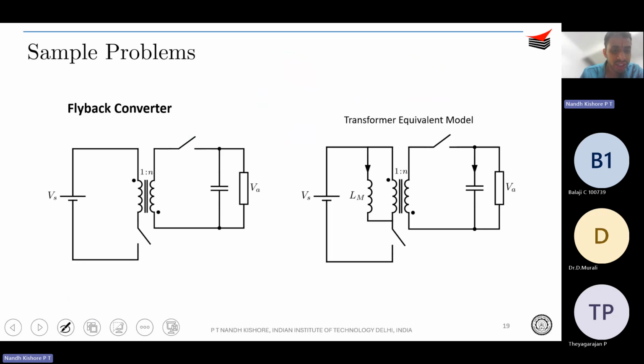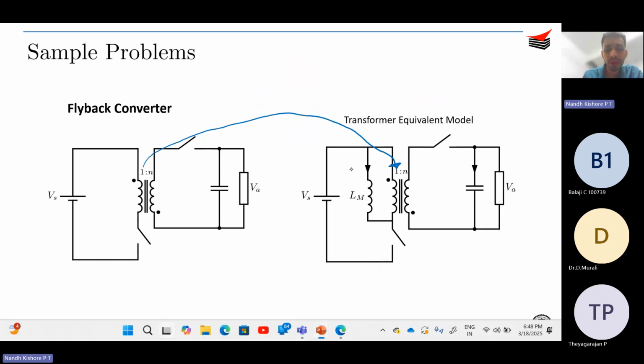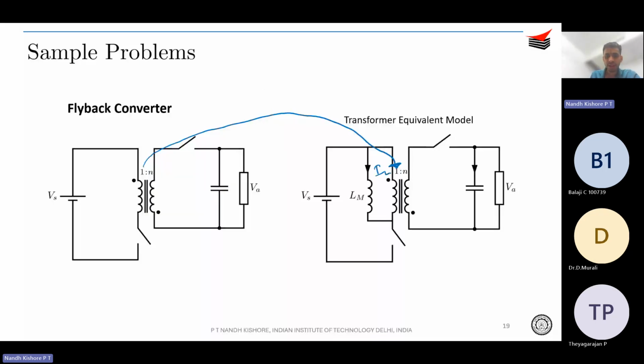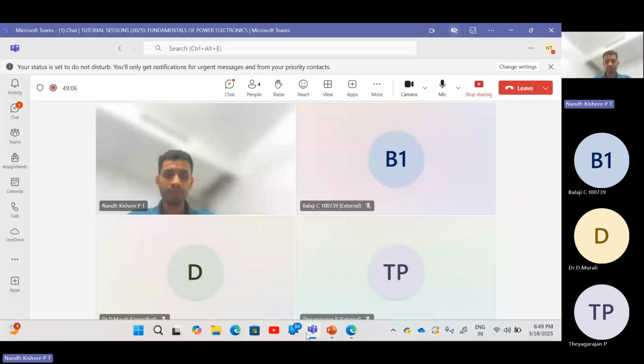So this is the same flyback converter, just that this transformer has been modified slightly to include the magnetizing inductance. Let me erase all of the ink in this slide. Now we need to find out what is the average current through LM.